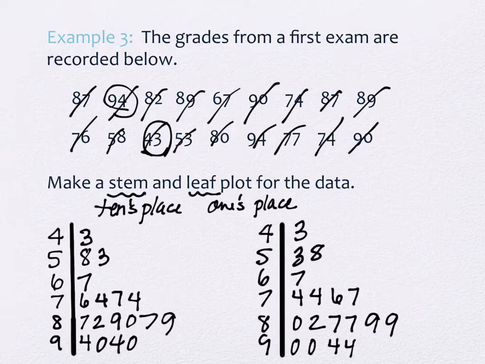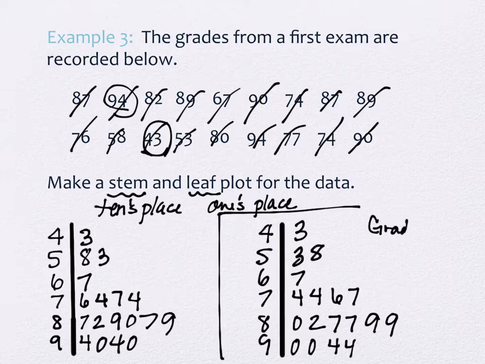What else does my graph need? It needs a title. And the title has to include what in the world this vertical bar with the numbers on the left and the right are. So something like this. These are grades from a first exam.